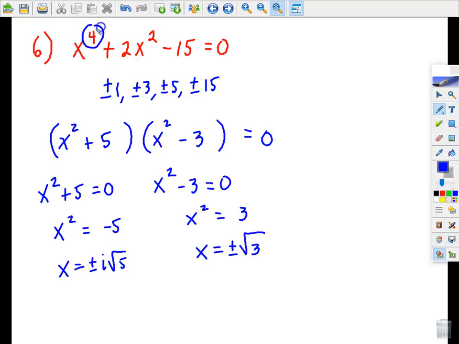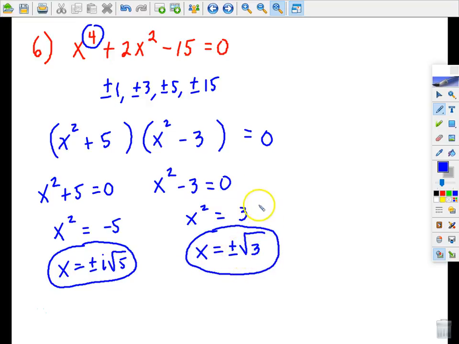So we started out looking for 4 solutions. 2 of them are here, positive i root 5 and negative i root 5, and then the other two are here, positive square root of 3 and negative square root of 3. All right, so that takes care of my examples for page 333.